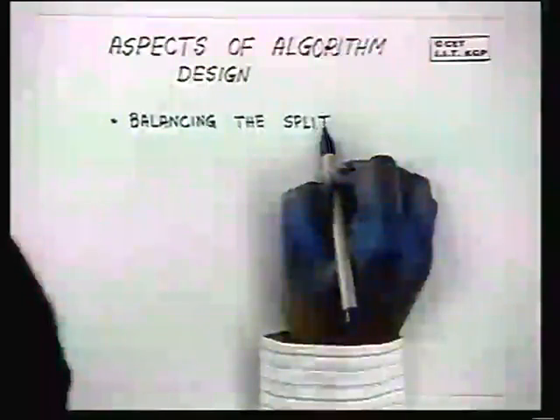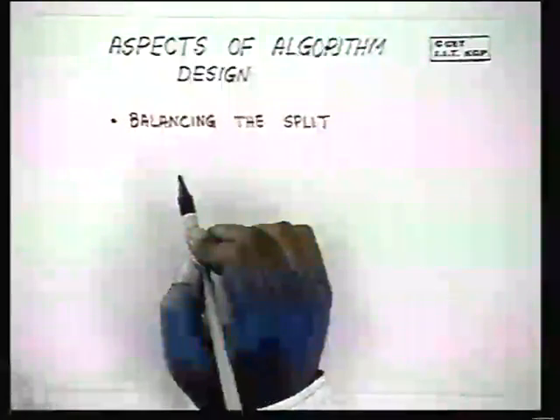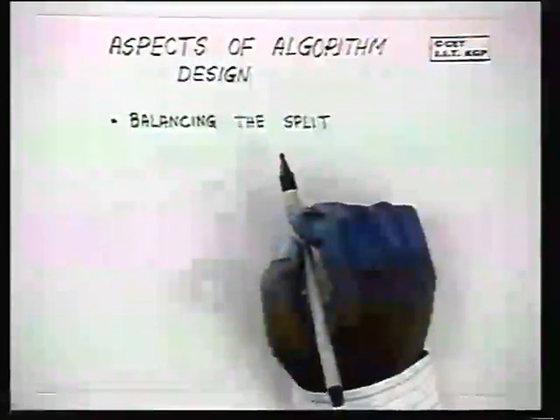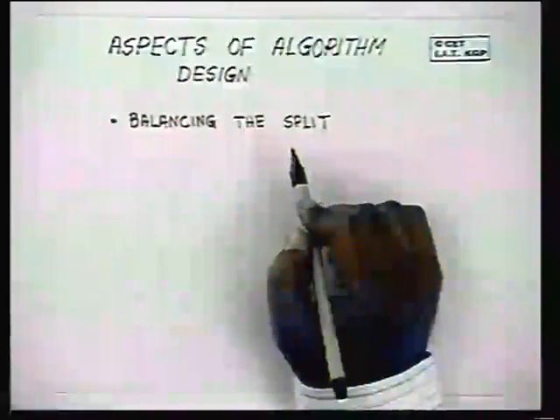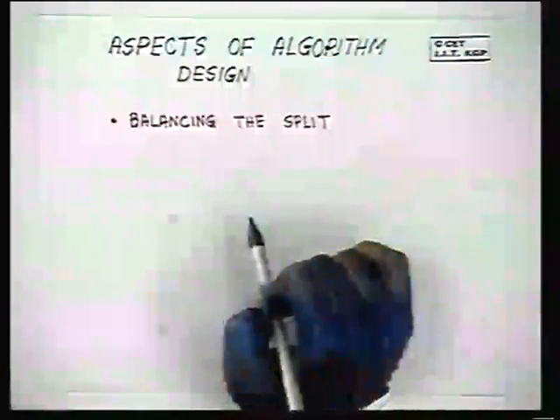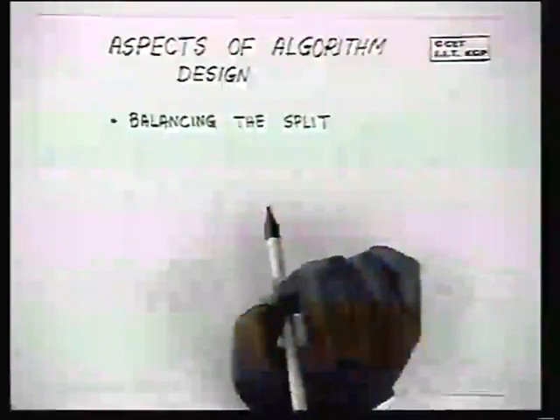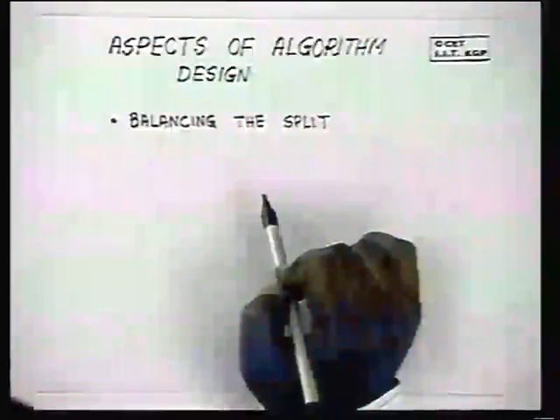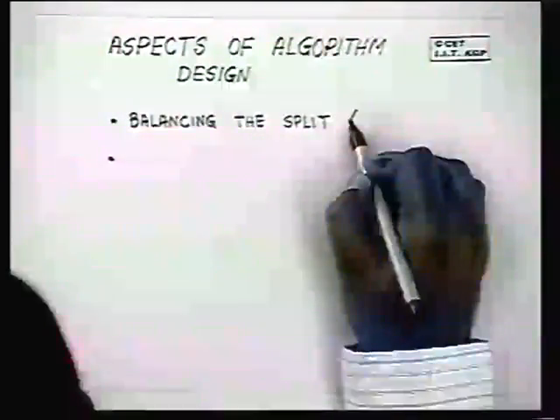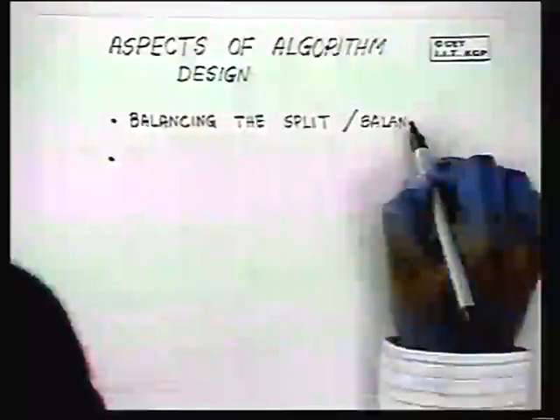We have seen this idea before, when we did finding out the minimum of n numbers or sorting of n numbers, and we discussed the issue of where to split the list into two parts and how it leads to recurrence equations which are to be solved to find out the optimal split. So this is one aspect. This is usually called balancing in classical algorithm design terminology.